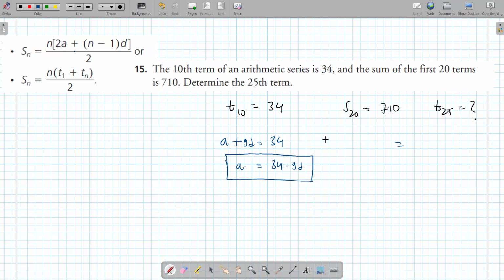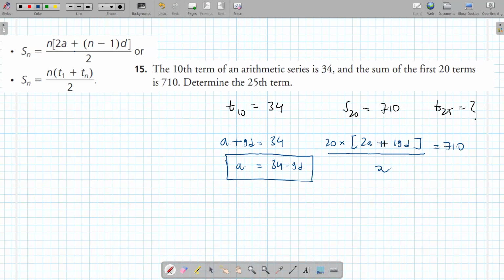N is 20. So it's going to be 20 times 2A. We don't know what that is, but that's fine. 2A plus N minus 1, so it'll be 19, 19D, divided by 2 is equal to 710.